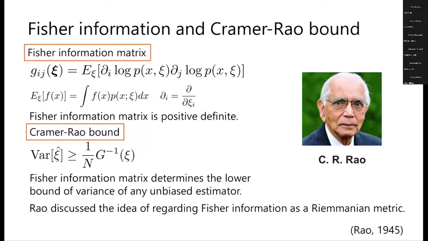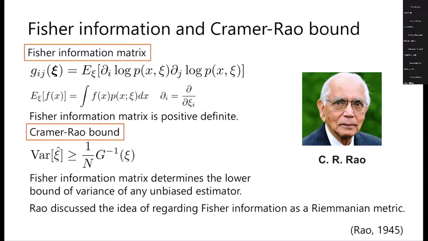Rao actually proved this Cramer-Rao bound. And Rao already discussed the idea of regarding Fisher information as a Riemannian metric in his 1945 monumental paper, and this can be considered as the origin of information geometry.